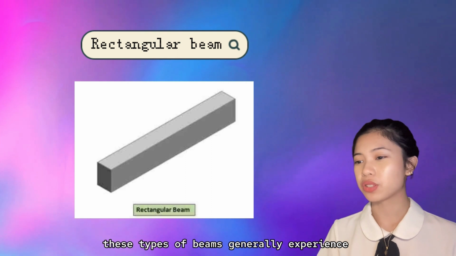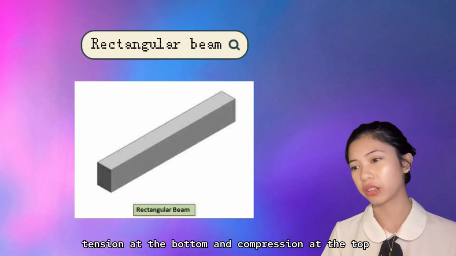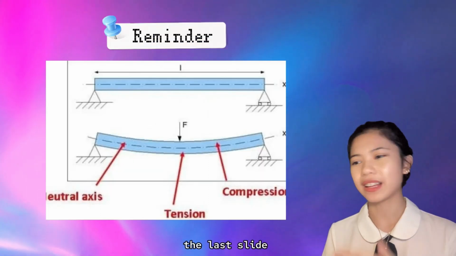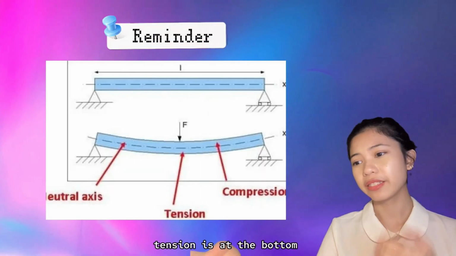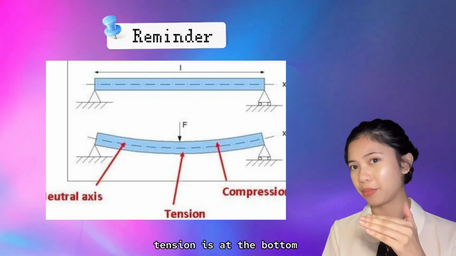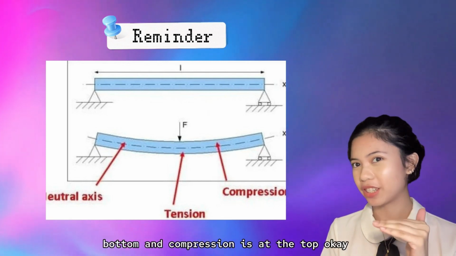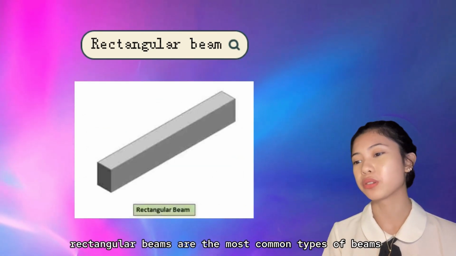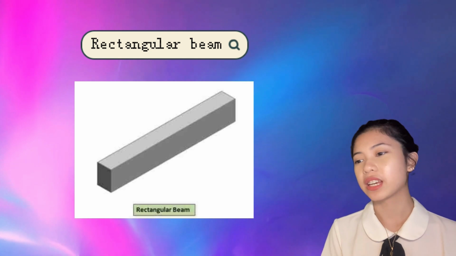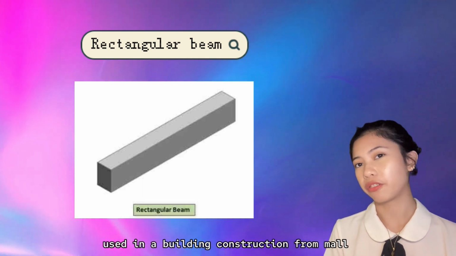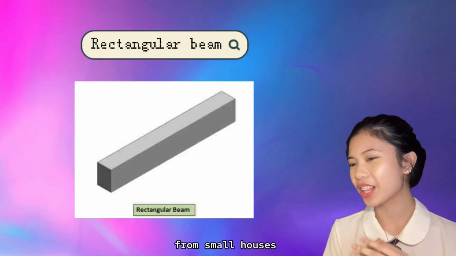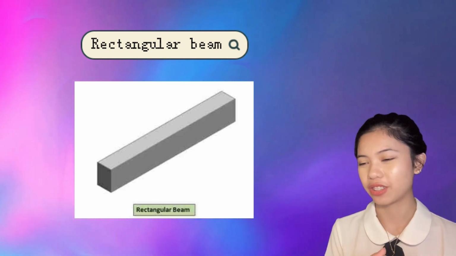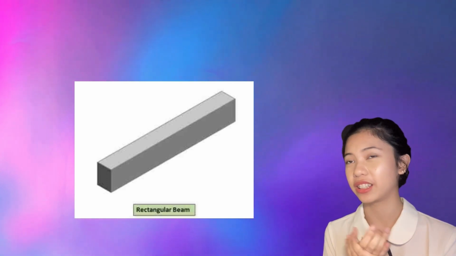These types of beams generally experience tension at the bottom and compression at the top. Yun yung sinabi ko sa last slide na tension is at the bottom, and compression is at the top. Rectangular beams are the most common types of beams used in building construction, from small houses to high-rise buildings. So, ito yung always na ginagamit.